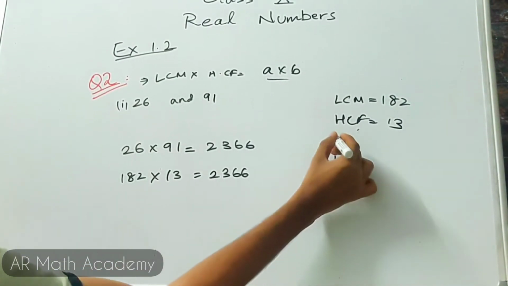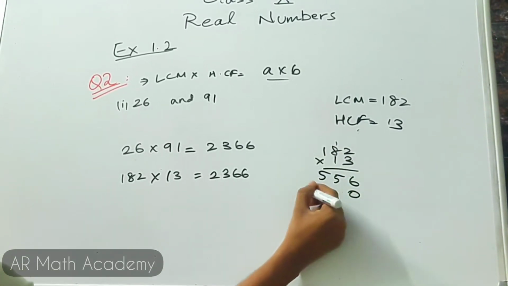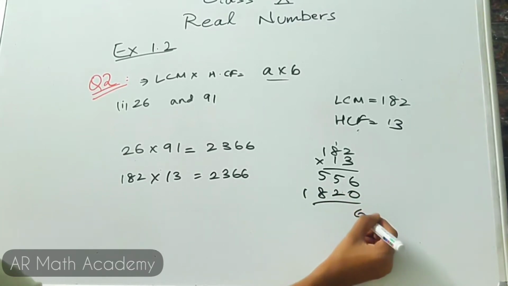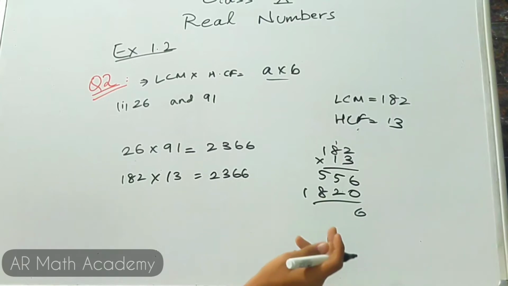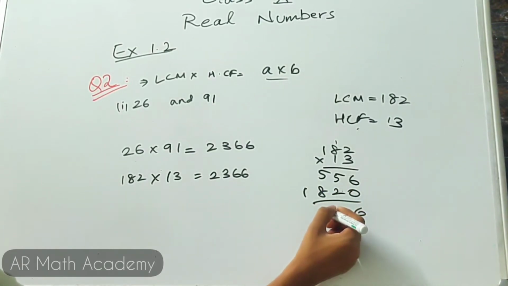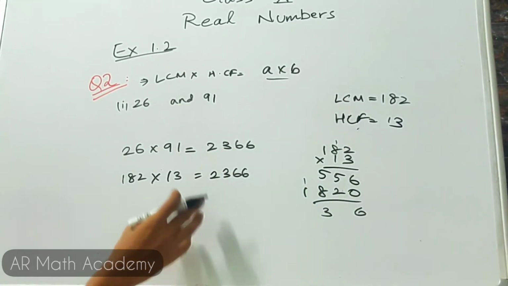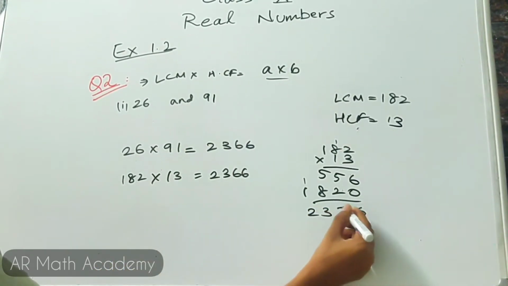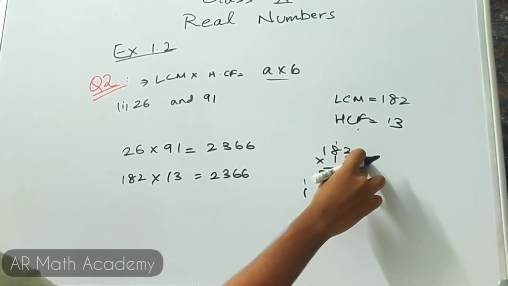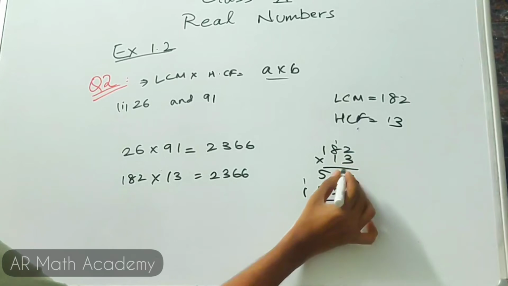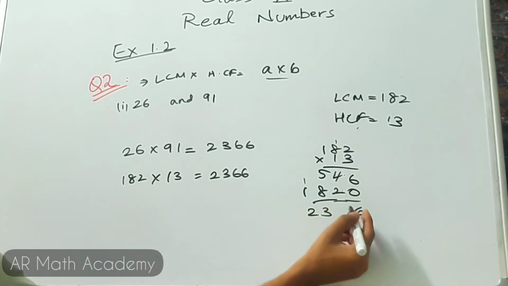So 3 2s are 6, 3 8s are 24, 4 and carry 2, then 3 1s are 3 plus 2 is 5. Okay, sorry, this is 4. So this is 2366 only.